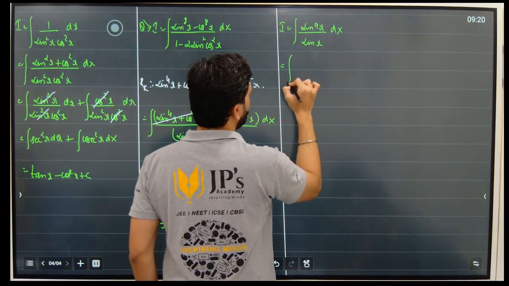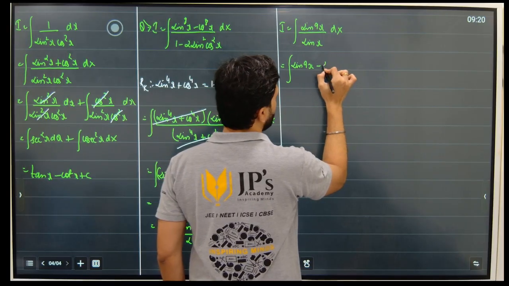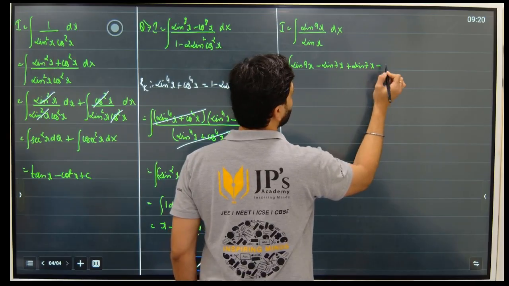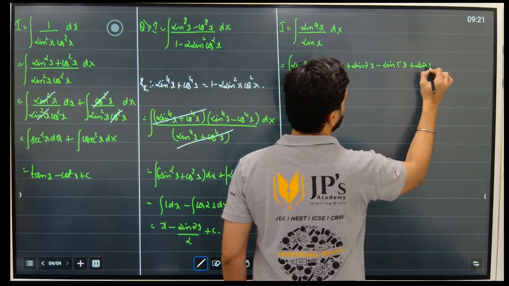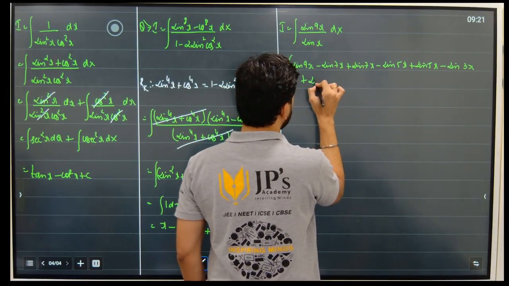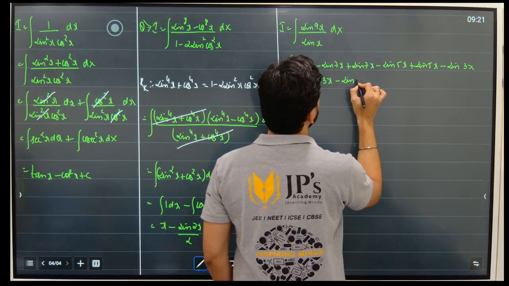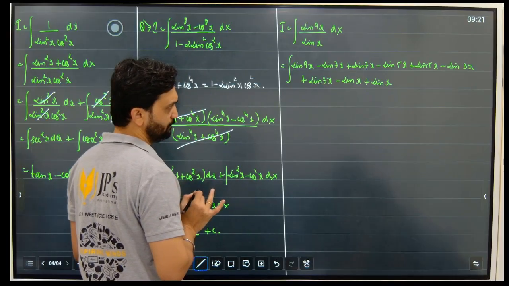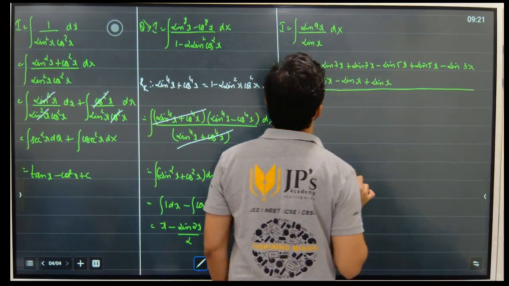I will write integration sin 9x, minus sin 7x plus sin 7x, minus sin 5x plus sin 5x, minus sin 3x plus sin 3x, minus sin x plus sin x, okay, the whole upon sin x.